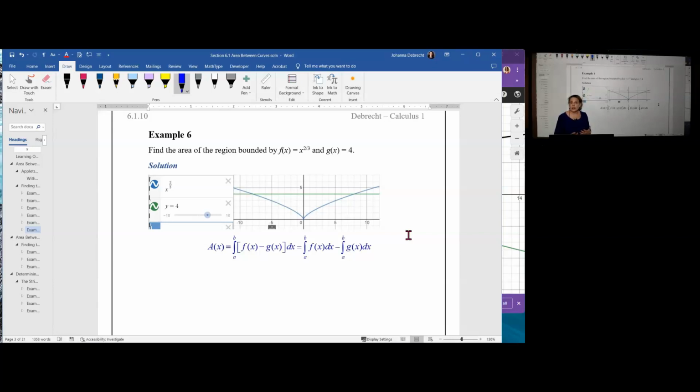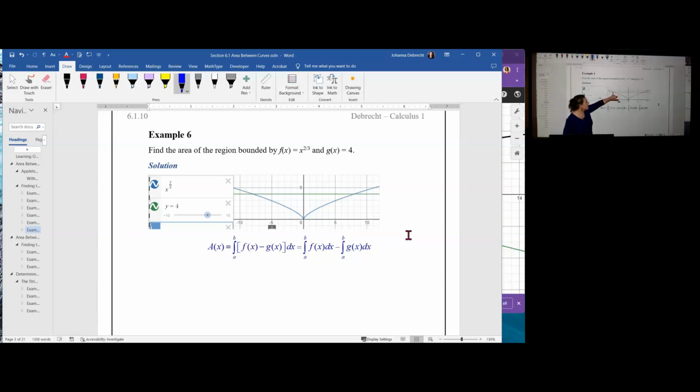That means drawing the strips vertically so the differential, the narrow end, is dx. When you look at this and you go from the left to the right, does what's on top and what's on bottom ever change? The answer in this case is no.